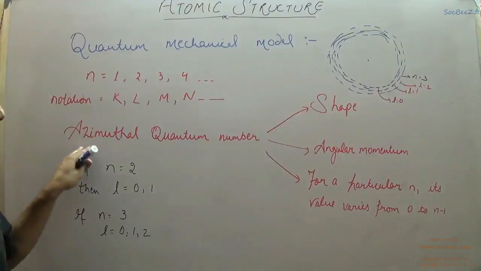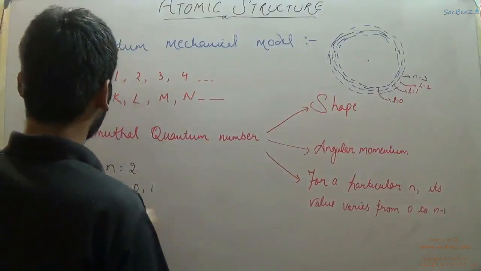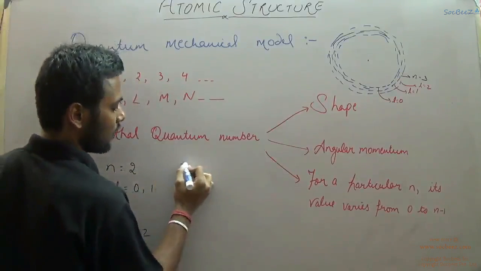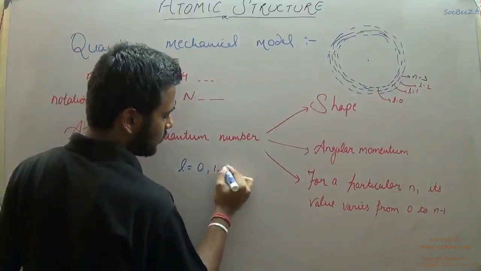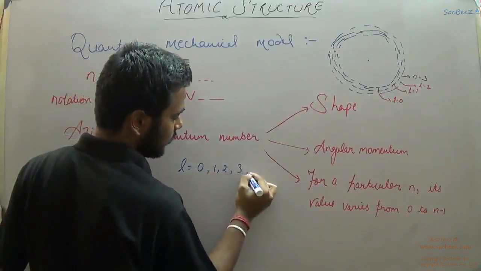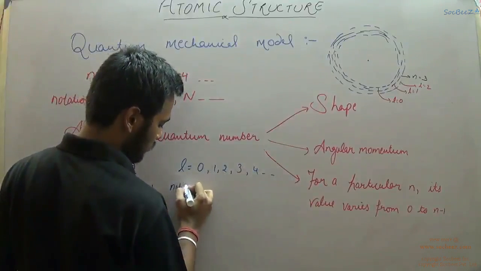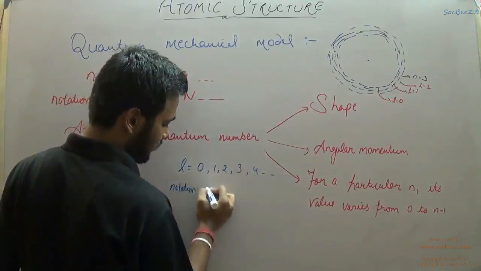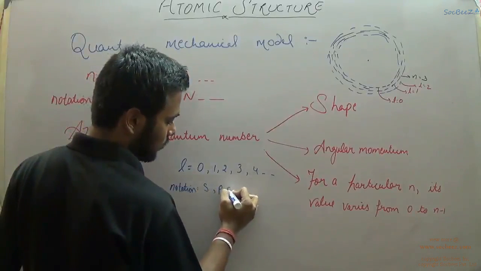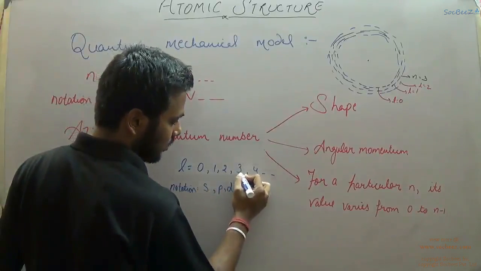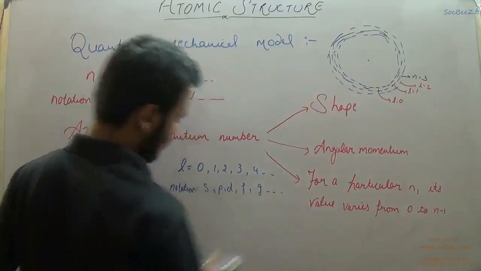Okay, so now let's see the notation. In case of L, the notation goes somewhat differently. L equals 0, 1, 2, 3, 4, and so on. Notation is 0 for S, 1 for P, 2 for D, 3 for F, 4 for G, and so on.